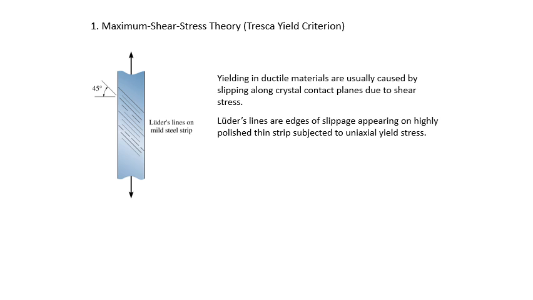We can observe these lines if we do a tensile test on a specimen of metal, usually aluminum alloy or even steel. If we polish the surface, then we can see lines which are called Luders lines. Luders is the name of the person who first observed this phenomenon.